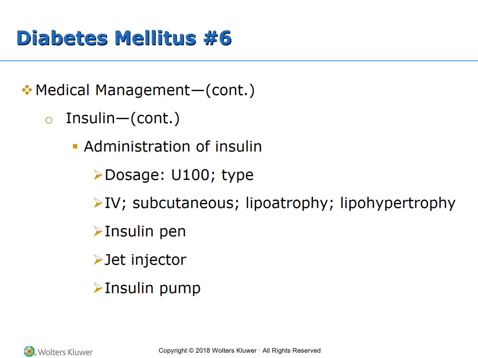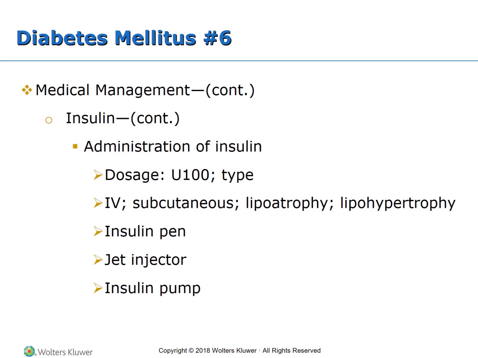Now, the next one to remember, I think it's easier, is the intermediate acting one, which is our NPH insulin, which is the cloudy one. Sometimes it can be combined into 70-30, or 50-50, so we have some portion of intermediate acting and some portion of short acting as well.